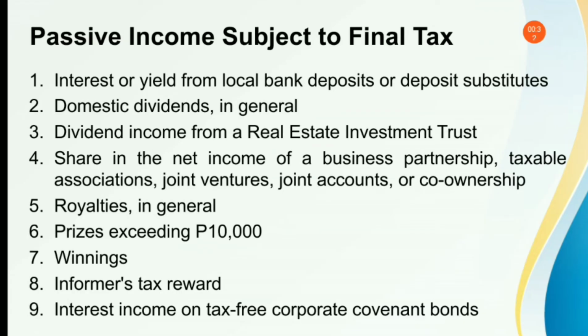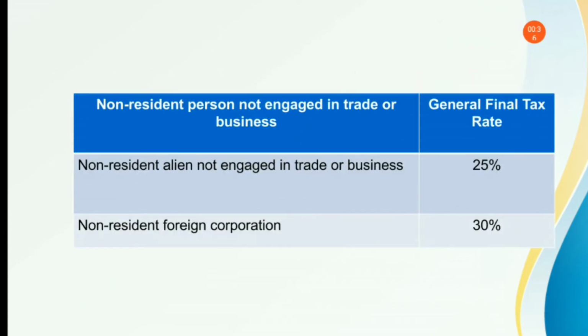Kasi meron silang kanilang final tax rate for their active and passive income, which is ito. So for non-resident alien not engaged in trade or business, they are subject to 25% general final tax rate, and for non-resident foreign corporation, they are subject to 30% general final tax rate.